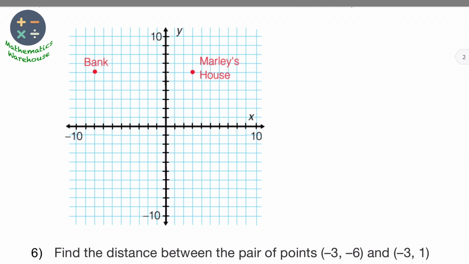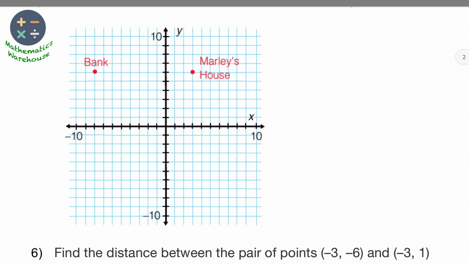First case, to have (x, y1) and (x, y2) that change vertically, so we would work on the y coordinate, or the change horizontally, like (x1, y) and (x2, y). If they have the same sign, we would subtract their absolute values. If they have different signs, we would add their absolute values.